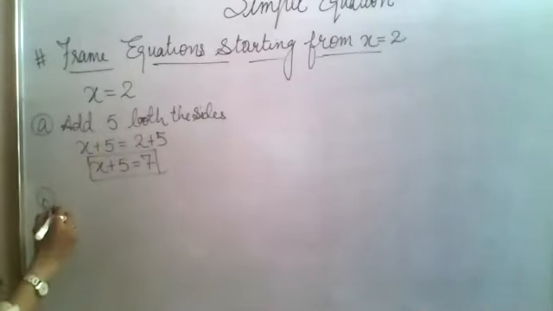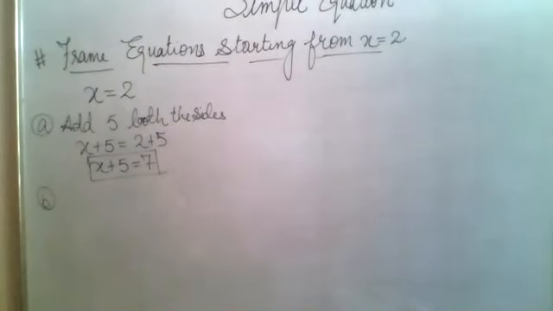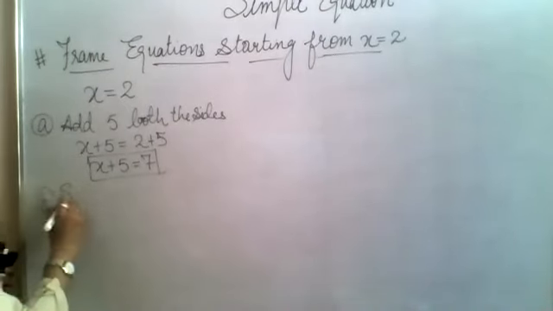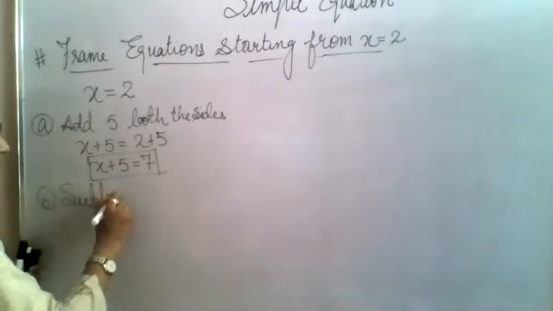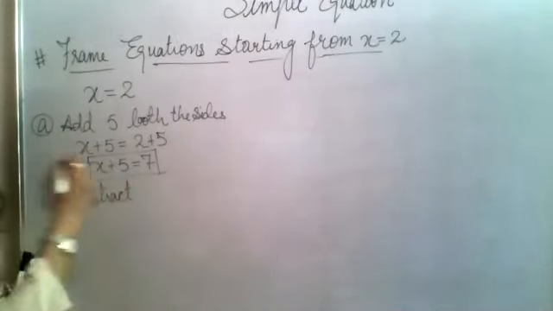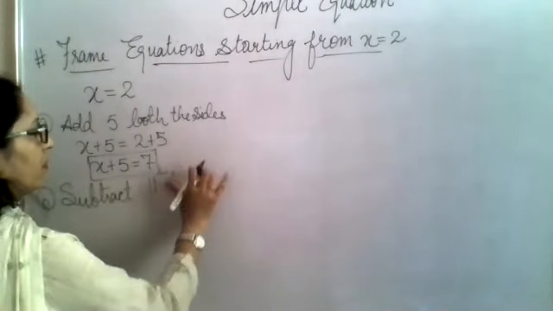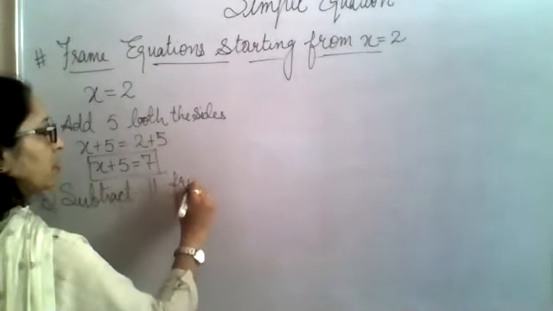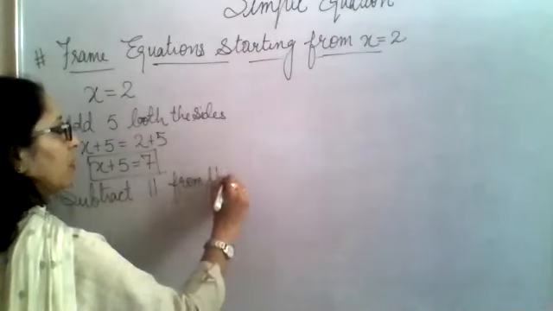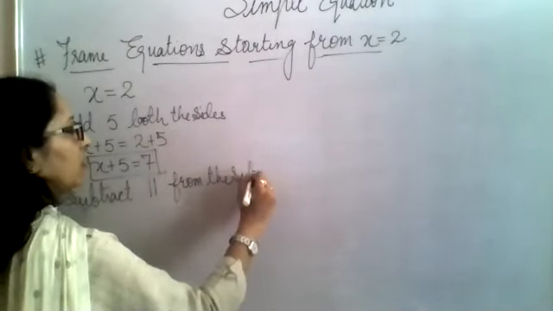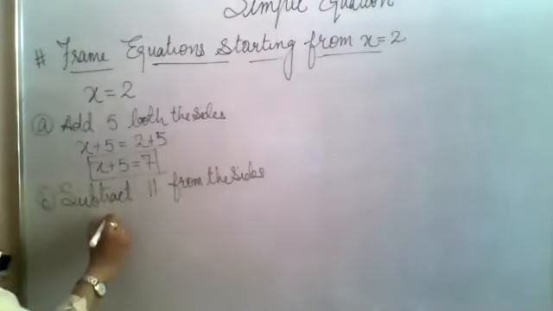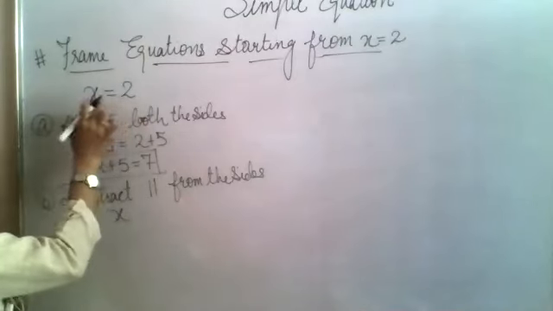We can do another operation. We can do subtraction. Again, as I told you, you can take any number. Let's take 11 and subtract from both sides.